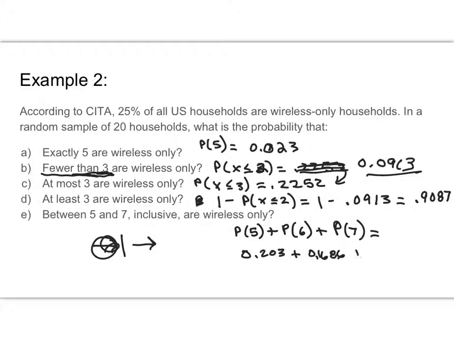And the probability of 7 was 0.1124. And adding those up, I get 0.484.